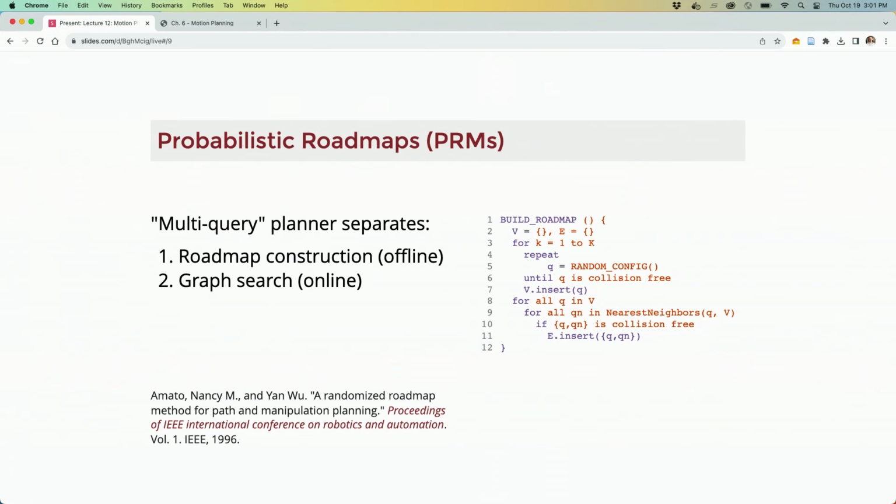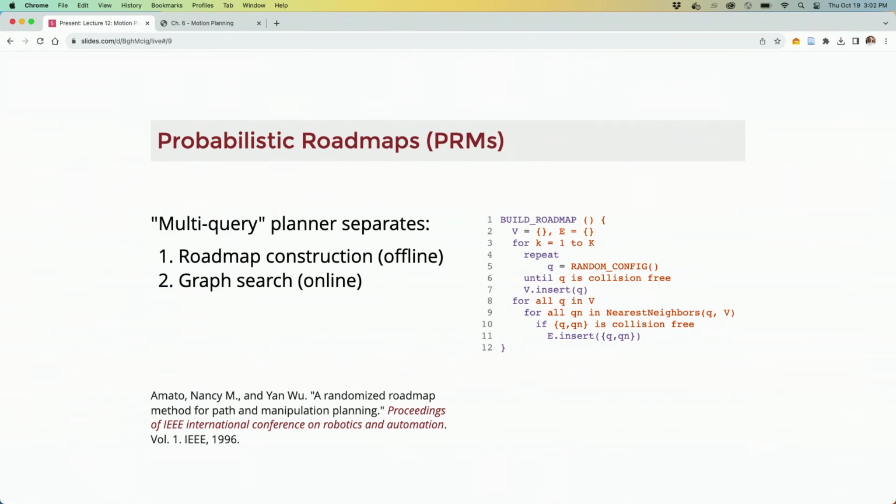If you're in a new environment every time and you want to find a path from the start to the goal, people tend to grow a tree forward and a tree backwards and just do these single query planners. But if you're going to be like a robot operating in the same environment all day long, then it makes sense to just build a dense graph, okay, and run many queries online in that graph.